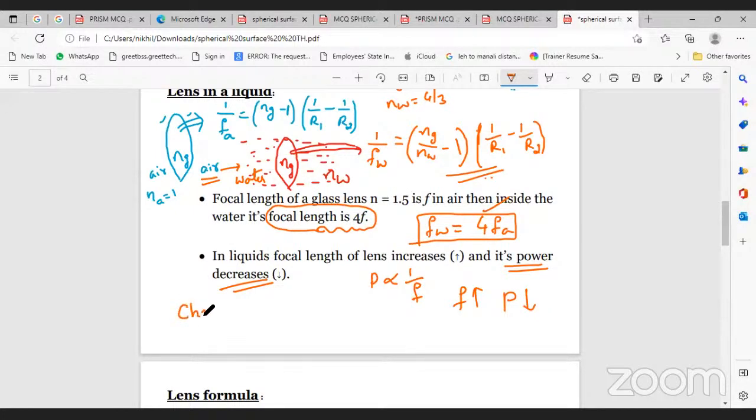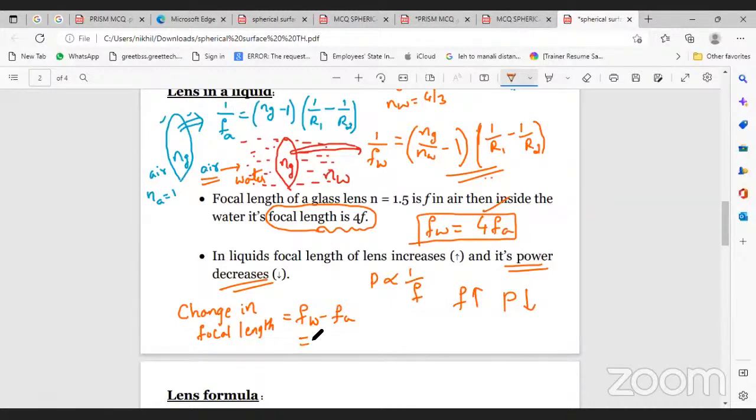Can you tell me what is the change in focal length? Focal length in water minus focal length in air.